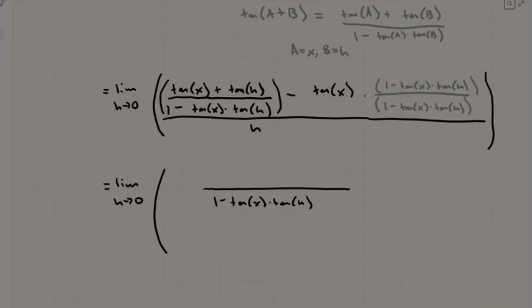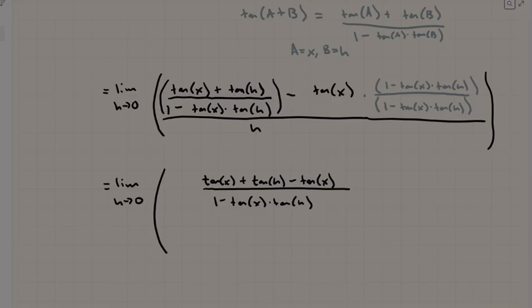The first part from this first term is just tangent of x plus tangent of h. I should write my tangents with a curvier t. And then that's going to be minus tangent of x distributed on all that business. So minus tangent of x times 1.